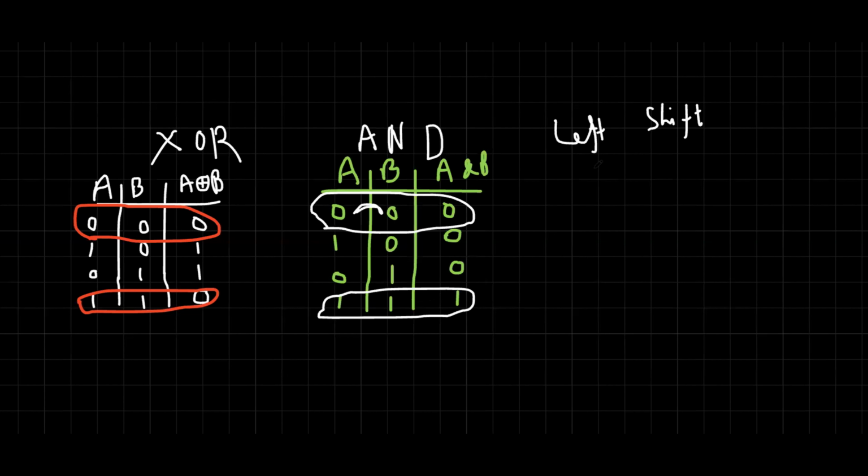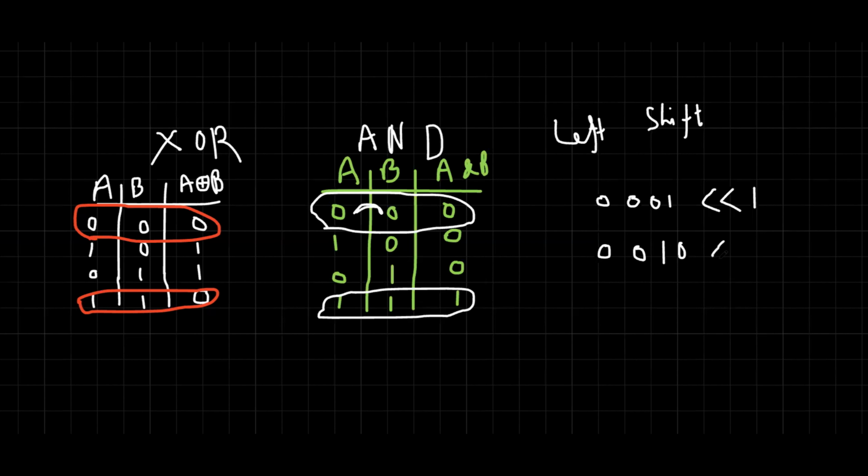Now we have to understand the left shift operation. Suppose the bits are 0, 0, 0, and 1. Now, if we left shift, or shift all of the bits by 1, it will become 0, 0, 1, and 0. That means all of the bits shifted to the left side one time.